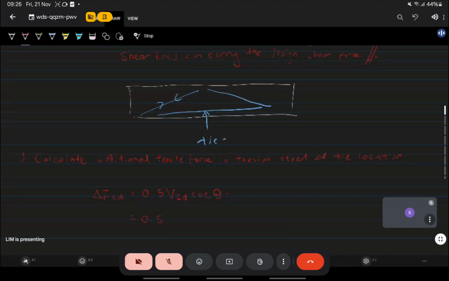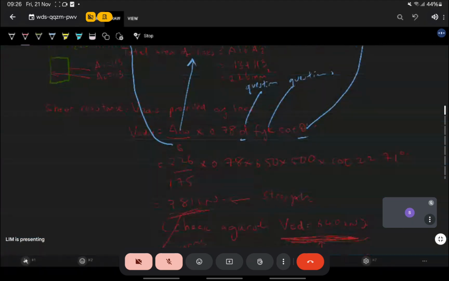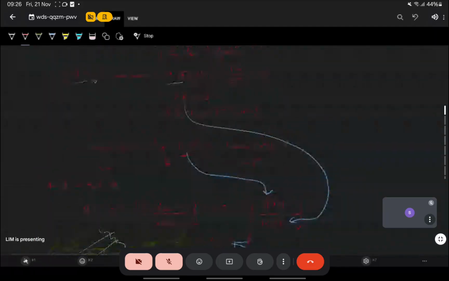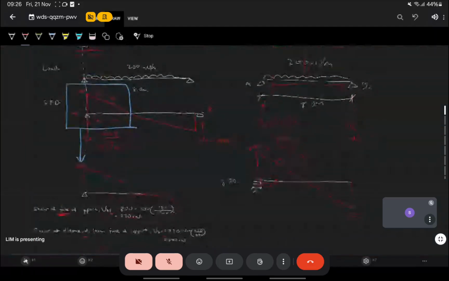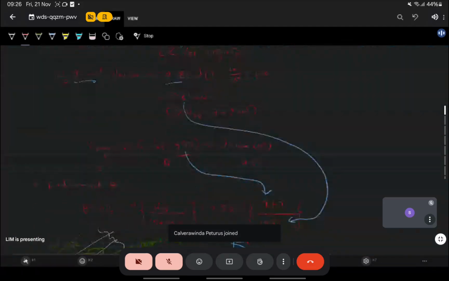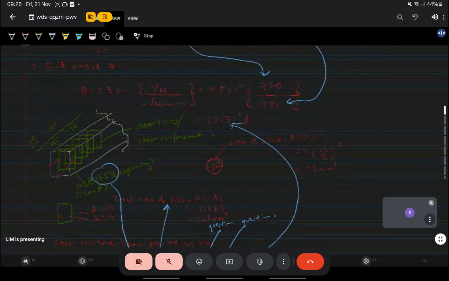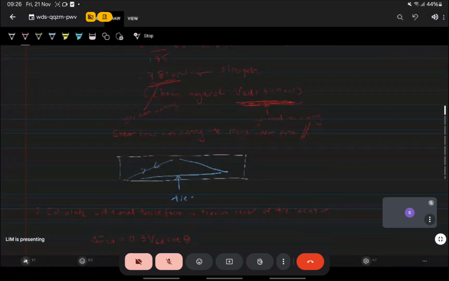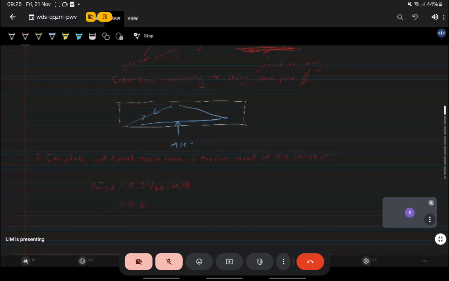So 0.5 VED, we know VED we calculated earlier. VED is the force at the distance d, where VED is 640, times cot theta is 22.71.